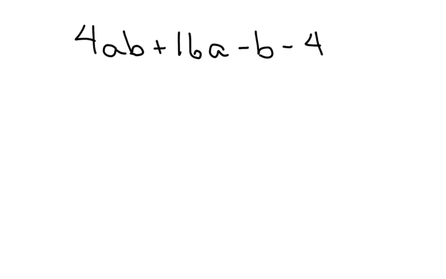Let's try again. Let's put these two together and see. Now, if I put parentheses here and make this a quantity, if there's a negative there, let me go ahead and erase this. And see what we can do with this bit here.